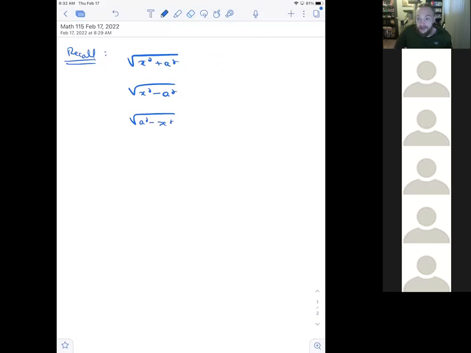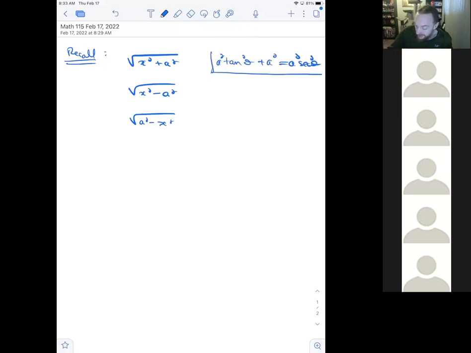What I want to see is the trigonometric Pythagorean identity which matches each one. For this one, I see a squared tan squared theta plus a squared equals a squared secant squared theta. That's what you want to see, so that you can pull the a out.